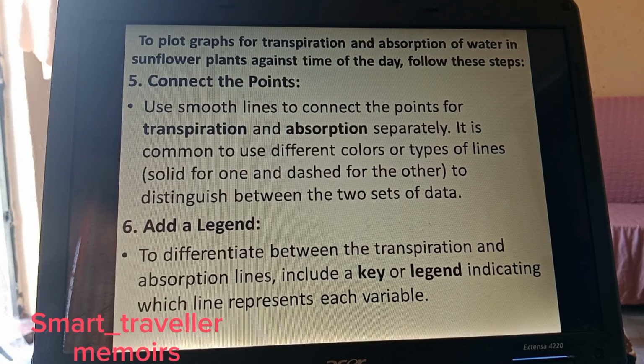Include a legend or a key to differentiate between the transpiration and absorption lines, indicating which line represents each variable. But you can also identify the line in the graph where you write transpiration and absorption.